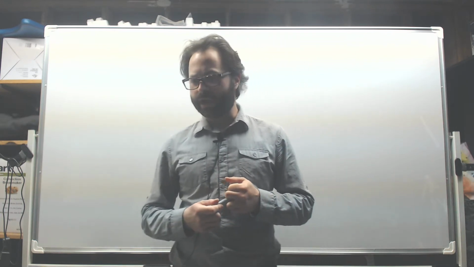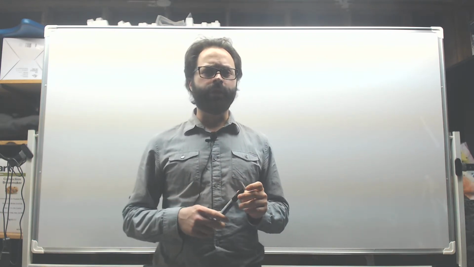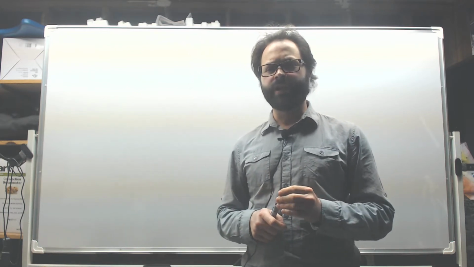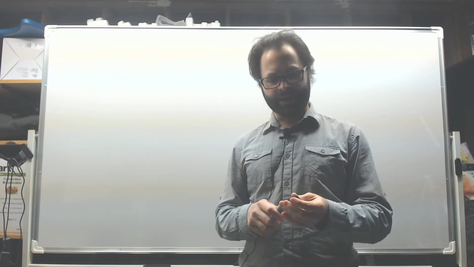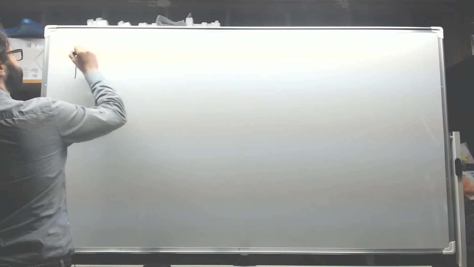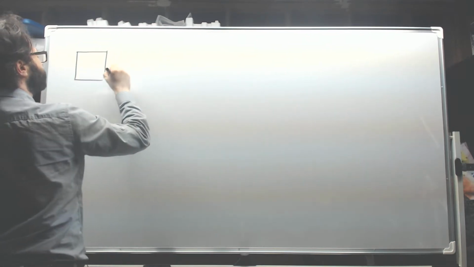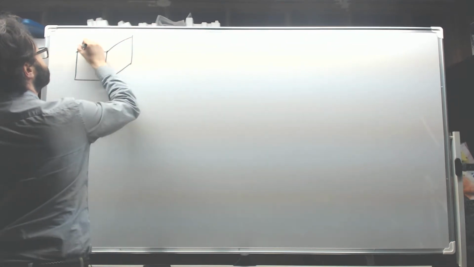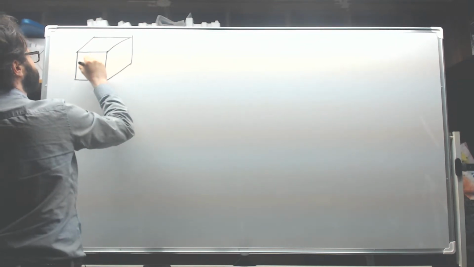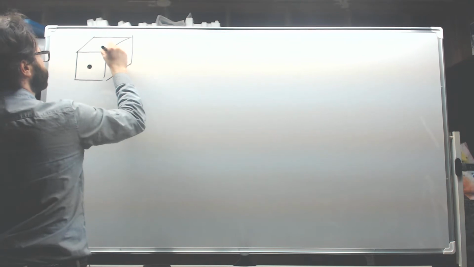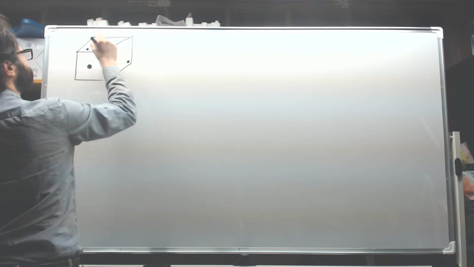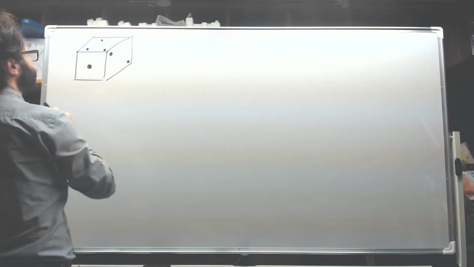So I want to come back for now, not to the coin toss example, but to the example of tossing a die. So we imagine we have an ideal die that contains 6 faces that we're going to attempt to draw. So perhaps this die is going to look something like this. And then perhaps this is face 1, this is face 2, this is face 3, and so on.